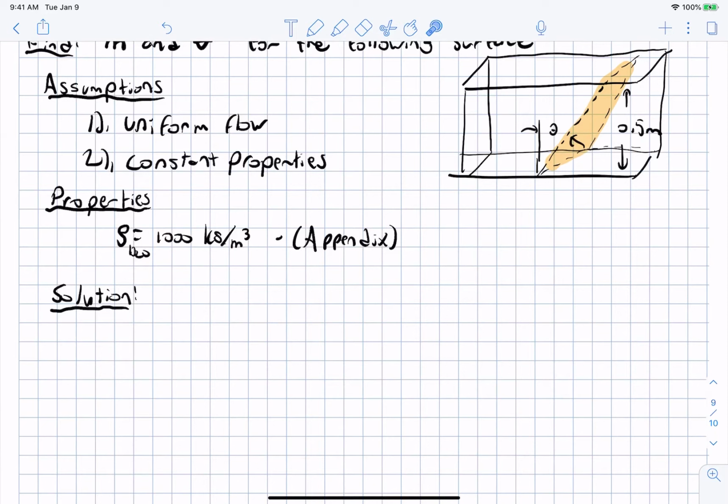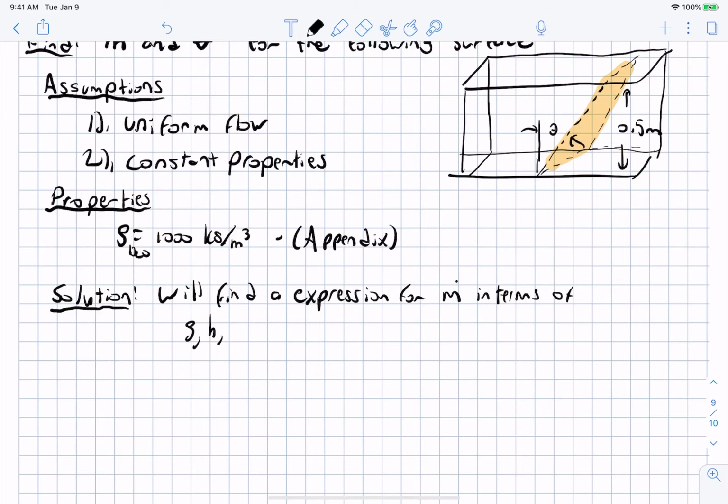As I said, we will find an expression for m dot in terms of rho, h, w, theta, and v.